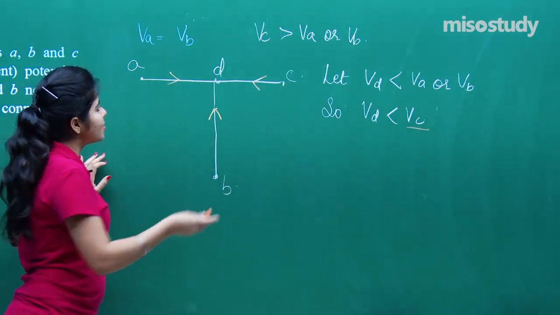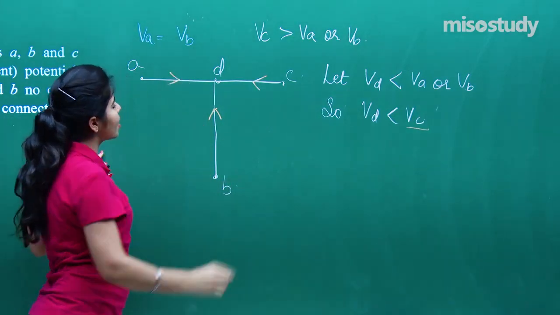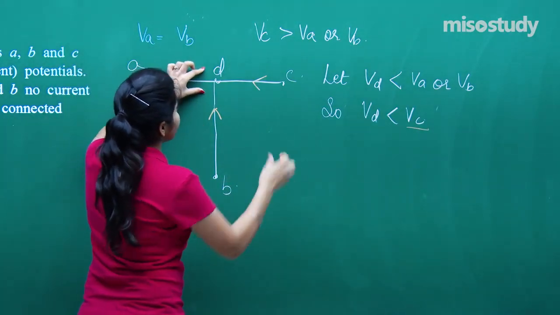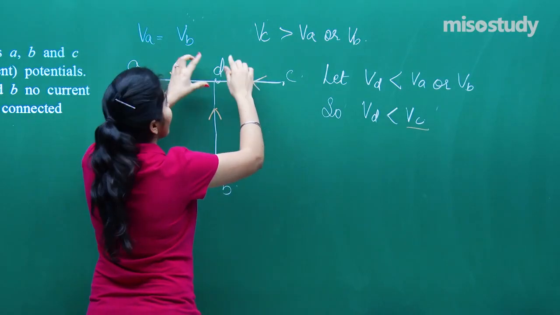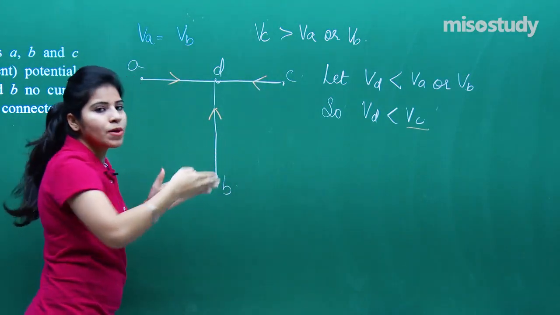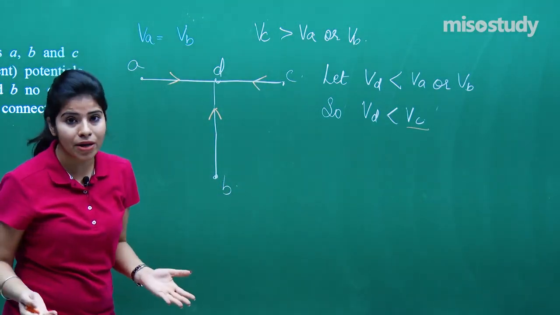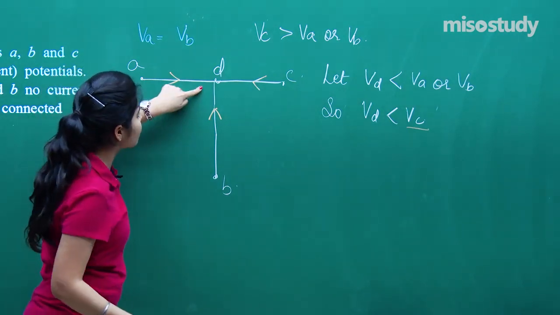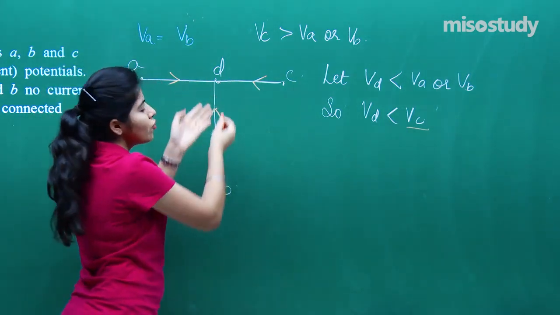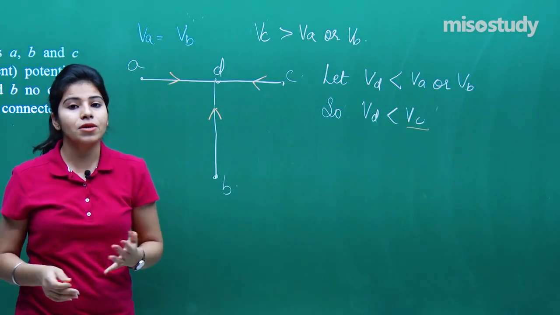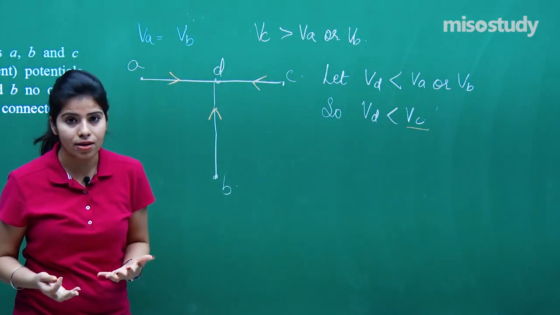Now I can see that this cannot be the case, because the current is coming from here and from here, and then it should go into this particular arm, but this is not happening. Where will the current go then?